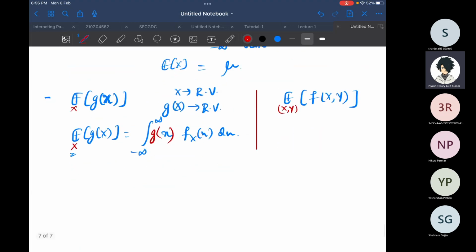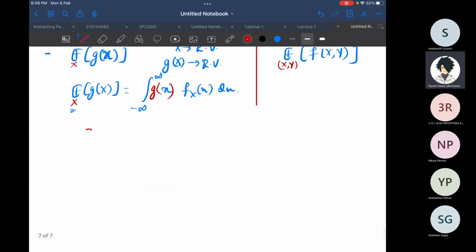So for example, let me take one more thing. Let's say you want to calculate the expected value of x square, for a uniform random variable. What will it become? It will be the integral of x square times fx of x dx, going from minus infinity to infinity. That's all.